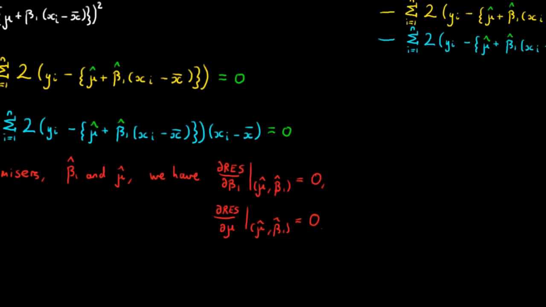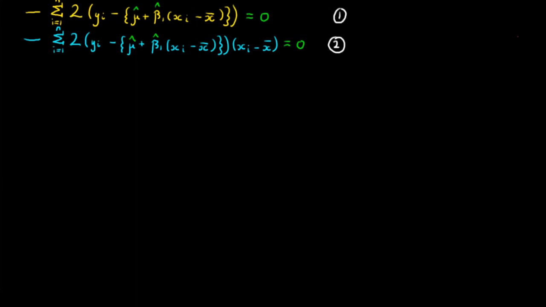Now, let's actually try doing exactly that. Here they are again. I've labelled them equation 1 and equation 2 so that I can refer to them. These just come about from writing the partial derivatives of the residual sum of squares with respect to mu and beta 1 as both equal to 0 at the minimizer, so at mu hat and beta 1 hat.